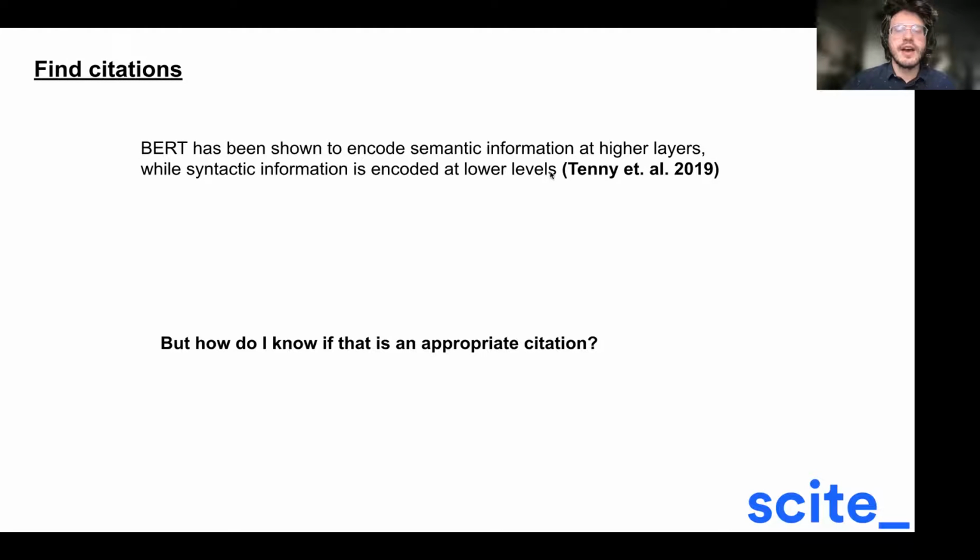Other scholars have cited this when they've made this claim, so I can also cite this. Of course, you'll have to read the paper and know whether it's an appropriate citation. But we also help with understanding whether this citation is appropriate for this claim.